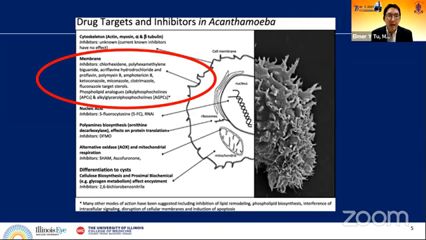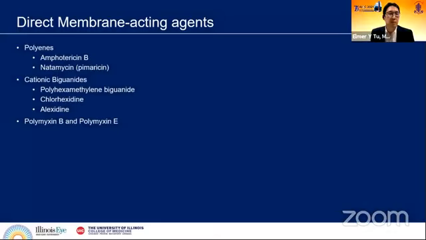The phospholipid analogs, which I'll talk about, which is miltefosine, is one of those, also acts in this area, but also in other areas around the acanthamoeba, and that's probably some explanation of its effectiveness.